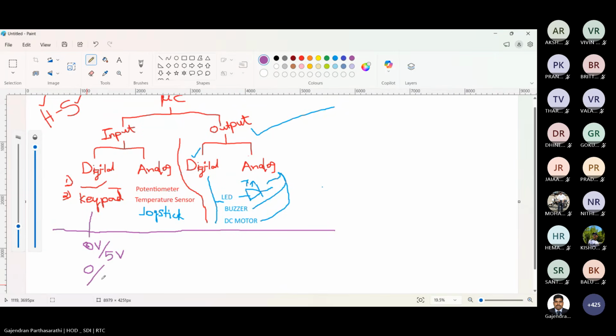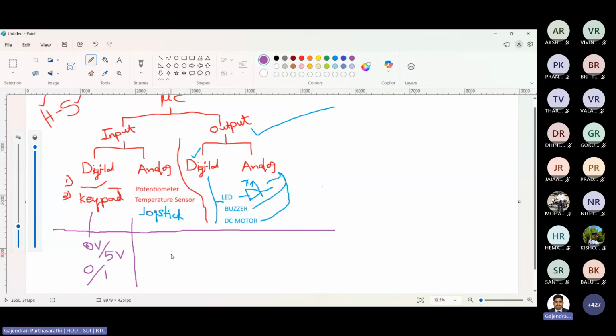That's all. Can anyone tell me what is the difference for the analog? Here I told 0 or 5 volt. What may it be for analog? Yes, Darshan, you are correct. 0 to 5 volt.